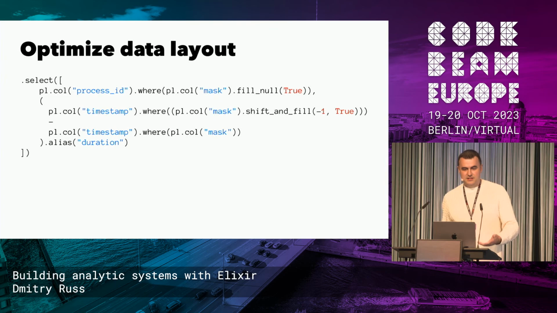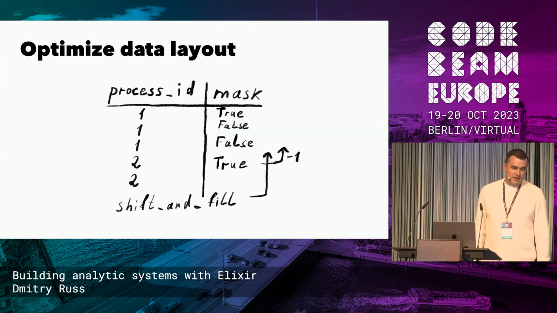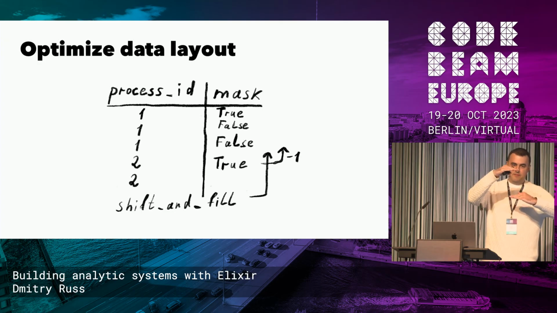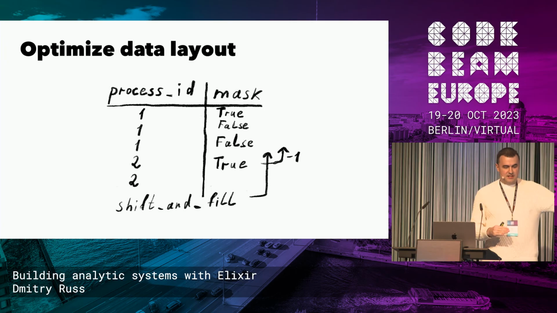What happens next? You can do a shift and fill operation. If we know where our process starts, we can take the column one value before and fill it with true, and say, okay, everything before one in our mask is the end of a process.